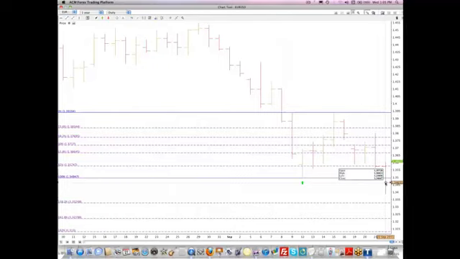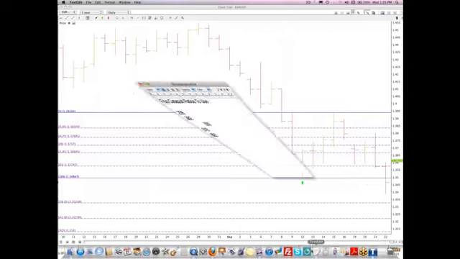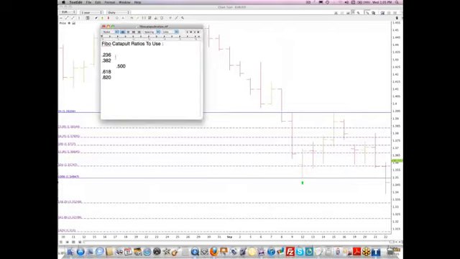Now, what you're going to want to do with that is take the range of 0.0216 and multiply it by all these ratios, starting with 0.236. So 0.0216, the range of the bar, multiplied by 0.236 gives you 0.0051, 51 pips.